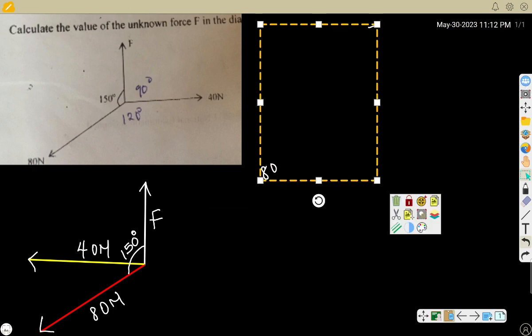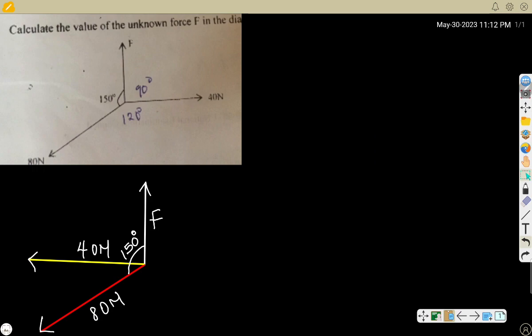Remember, if two vectors act at an angle theta to each other, the resultant R is equal to the square root of p square plus q square plus 2pq cos theta. So I'll take p as 80, and q as F. Anyone can be your p, anyone can be your q.